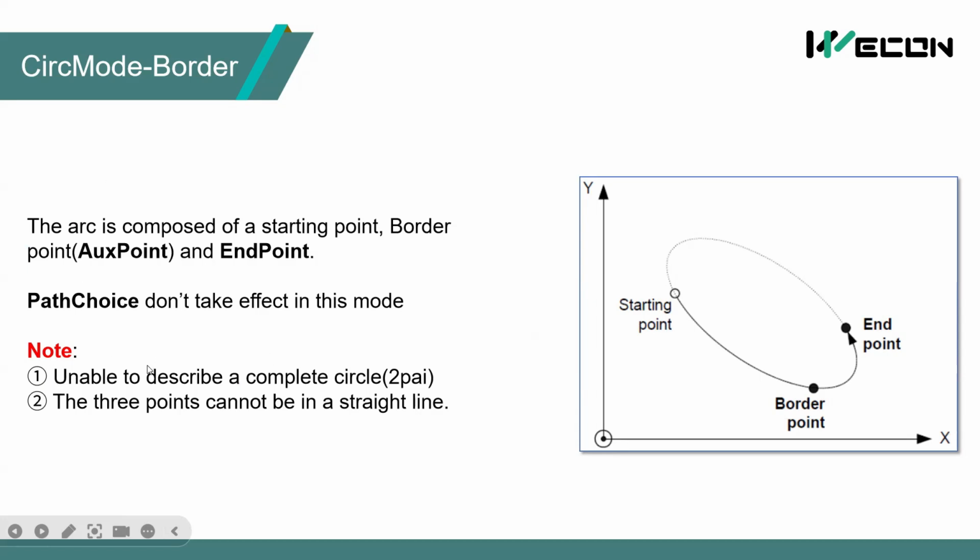But for this mode, we can't describe a complete circle, because if our start position and the end position are the same point, then there will not be only one curve, one movement path. Also, these 3 points can't be in a straight line. Otherwise, we can't get a circle.